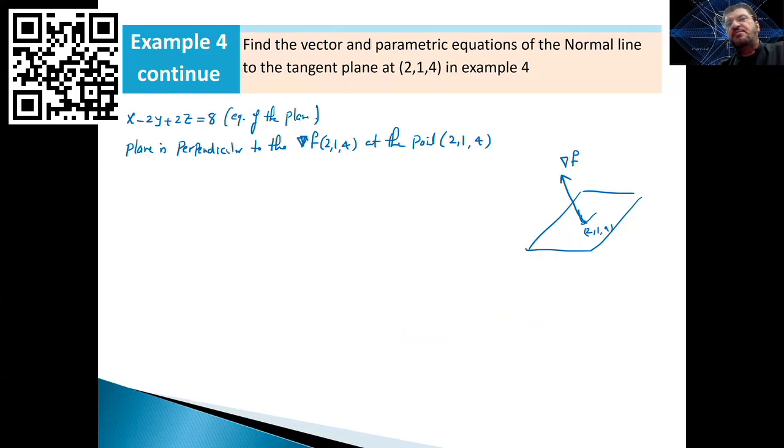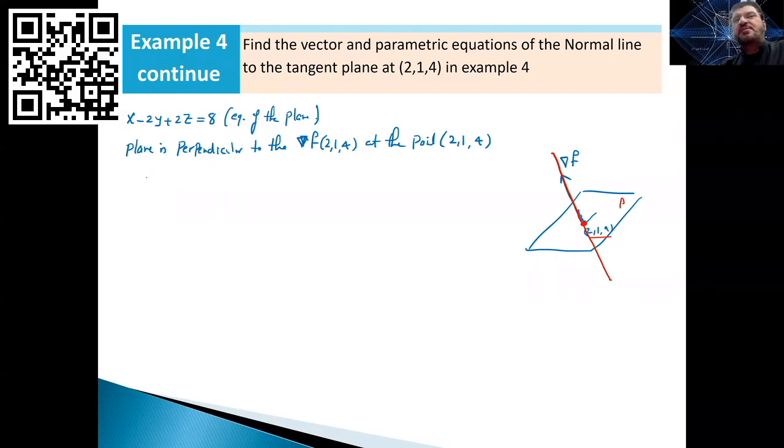There is a line, guys, here, the red one. This line goes up and down, passes through this point here, and this line is perpendicular to the plane at 2, 1, and 4, right? Now, what's the equation of this one?